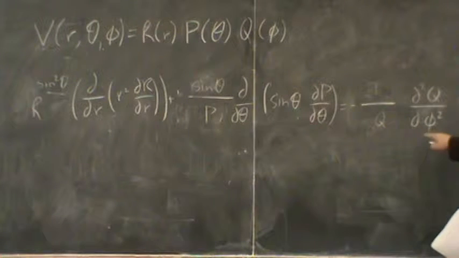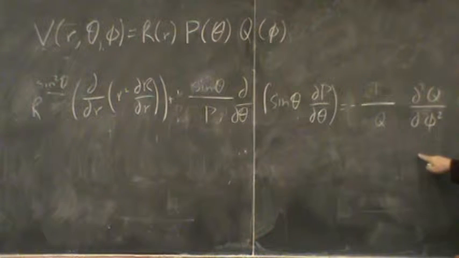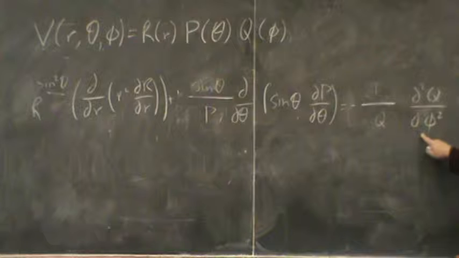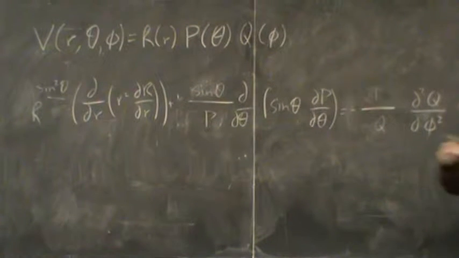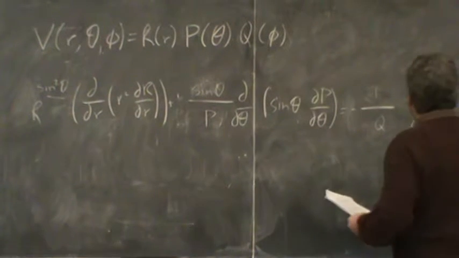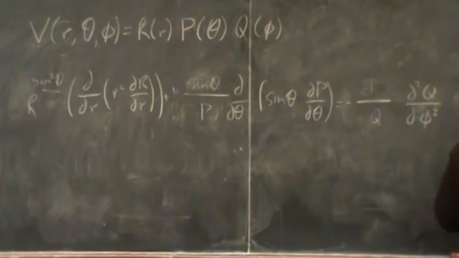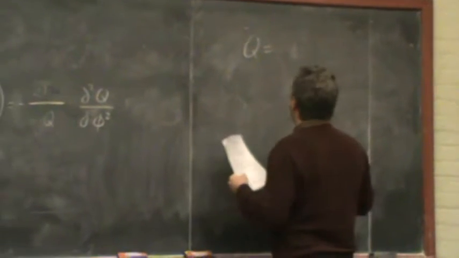I'm going to choose the constant to be an integer squared, so that I get sines and cosines, or complex exponentials, e to the i m phi. The solution in Q looks like this.